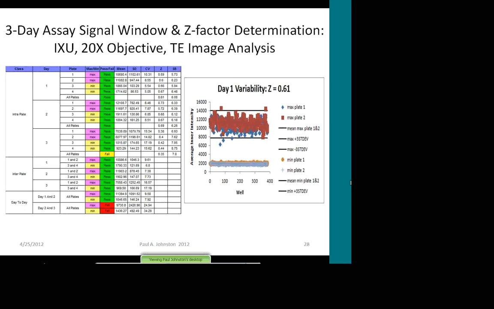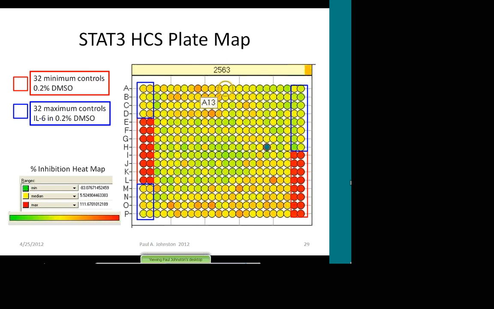And you can see we've got good, greater than 5 or 6-fold signal-to-background ratios, and on most days the Z-factor was above 0.5, although on day 3 there were a couple of Z-factors that were below 0.4, but we were pretty happy with the data. This is a cell-based high-content assay with a lot of steps in it, so we proceeded on.